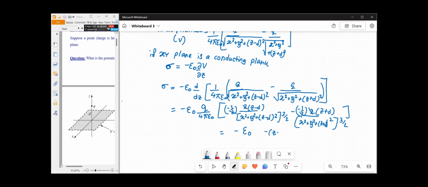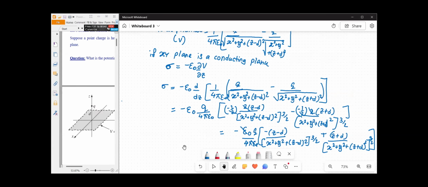We get minus z minus d over x squared plus y squared plus z minus d squared to the power 3 over 2, and then minus minus, which is plus, z plus d over x squared plus y squared plus z plus d squared to the power 3 over 2. So this is the charge density.